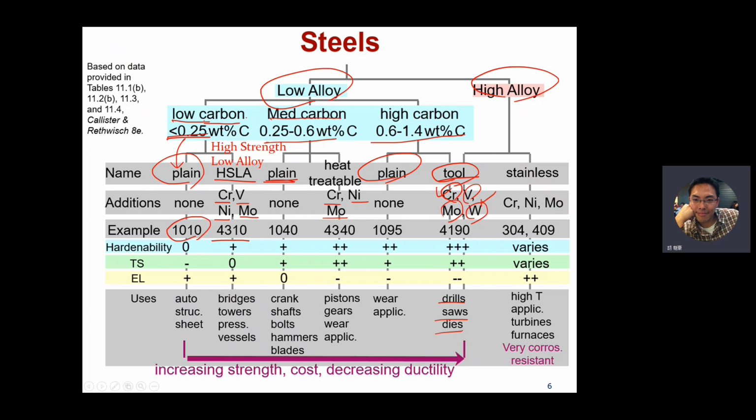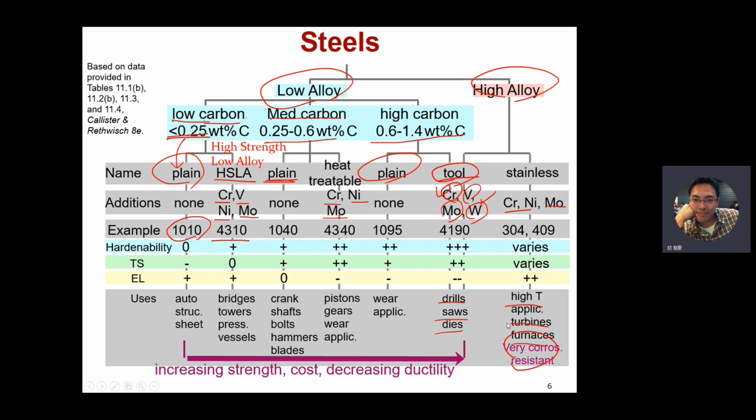And for the high alloy, the stainless steel, the alloying elements include chromium, nickel, and molybdenum. Its applications are for high temperature, such as turbines or furnaces, and with very high corrosion resistance.